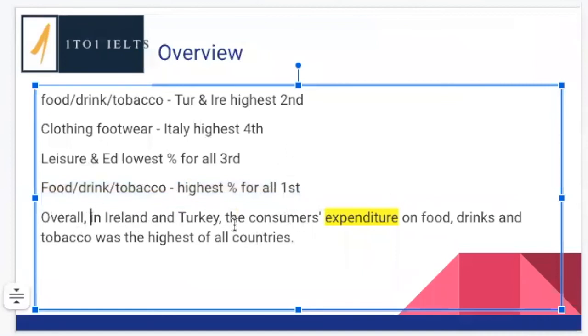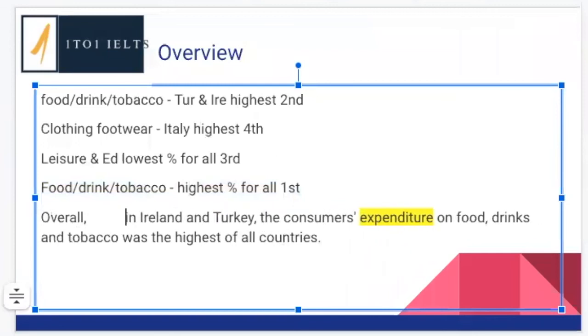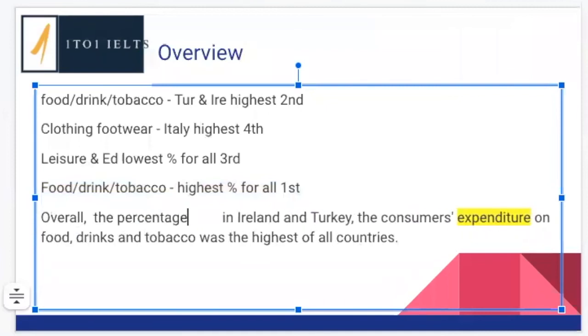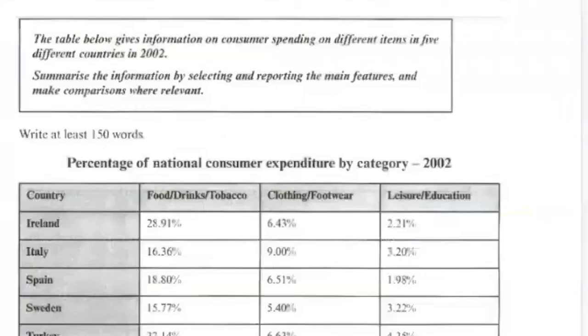So overall, the percentage. The two things we can talk about here are the percentage or the expenditure. So we already mentioned the expenditure, so let's do the percentage here to vary things a little bit. The percentage, see what the language is, national consumer expenditure.